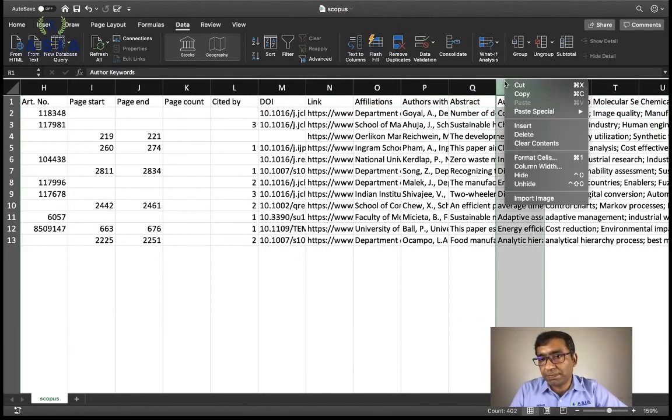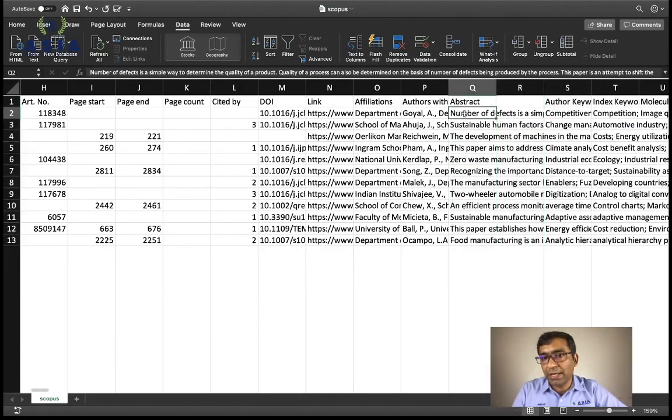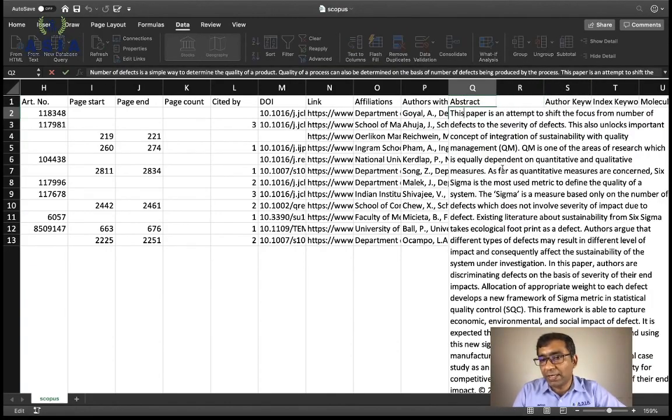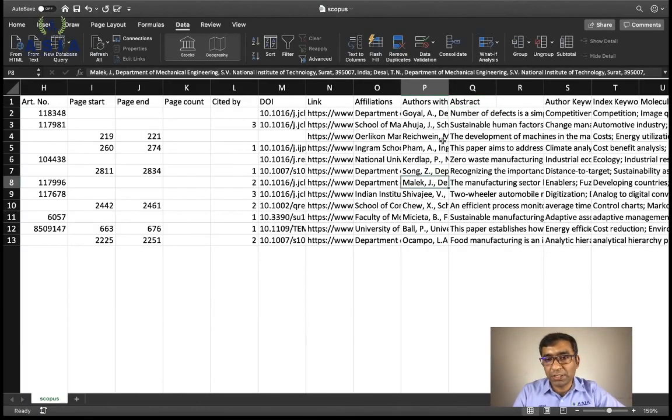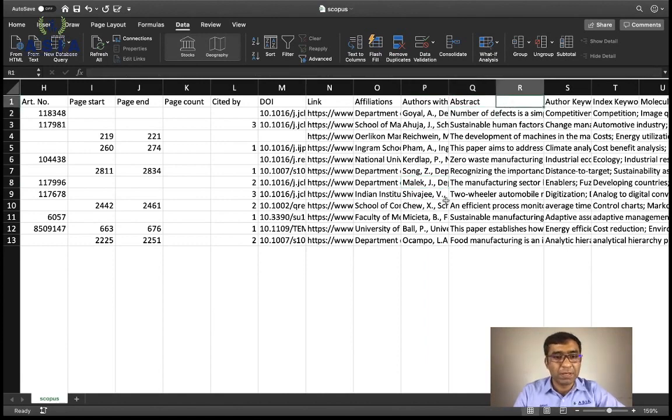You can just read the abstract and decide whether this paper is related to your area or not, and you can include or exclude that particular paper from your database, from your record. So you can just follow this abstract. The most important information is here. We'll study later on how we can use these abstracts to create some meaningful graphs, tables, and all this. But for now, I'm just focused on this extraction of the record.